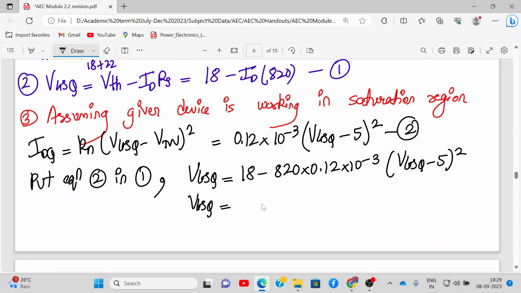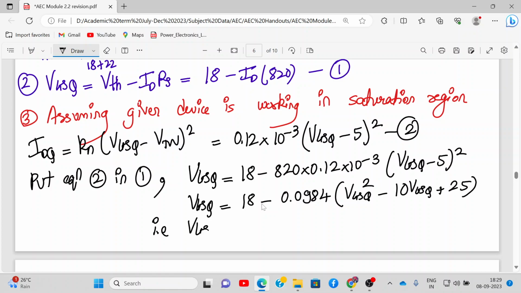VGSQ will be equal to 18 minus 820 into 0.12 into 10 raised to minus 3, which is 0.0984. Please cross check. A minus b the whole square will be a square minus 2ab plus b square, so VGSQ square minus 10 VGSQ plus 25 equal to 0.